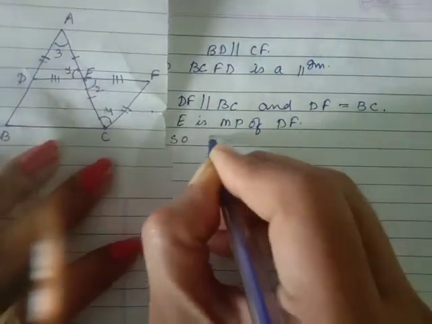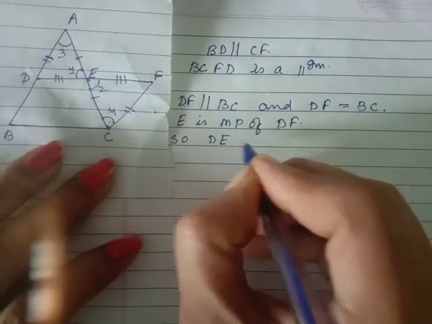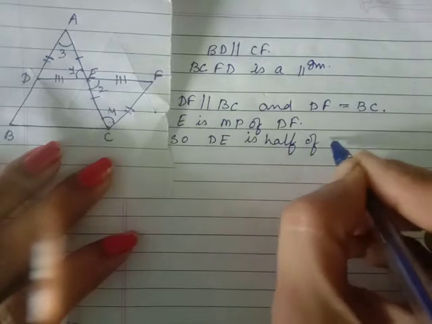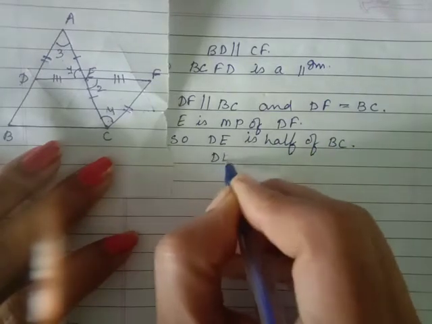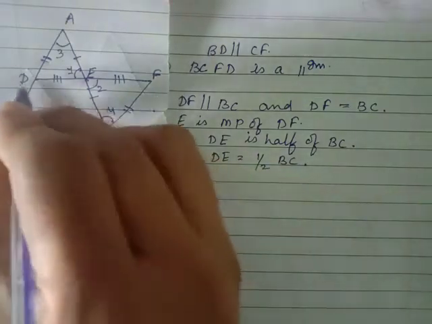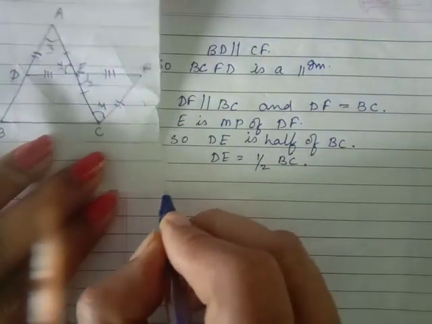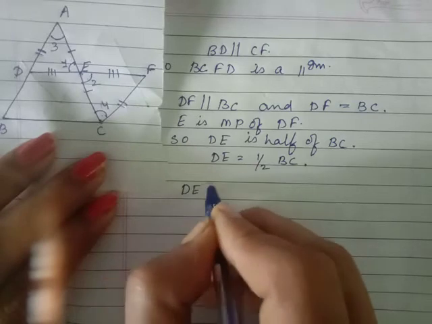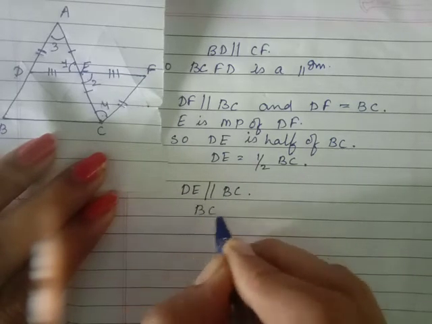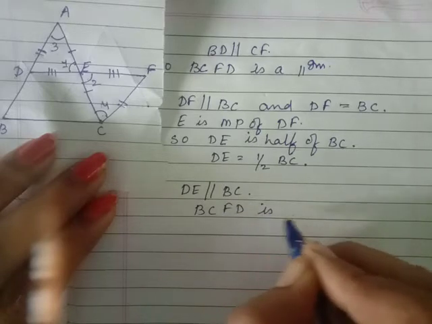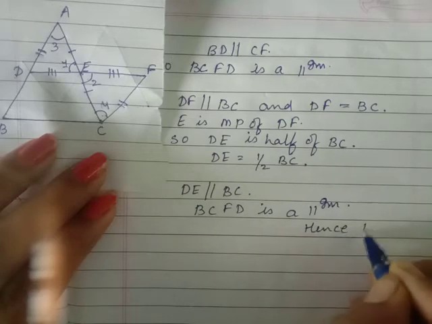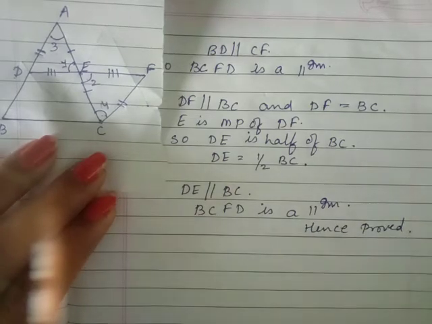So DE is half of BC. We can write DE is equal to half BC, and since this is a parallelogram, DE is parallel to BC because BCFD is a parallelogram. Hence proved. Both things are proved.